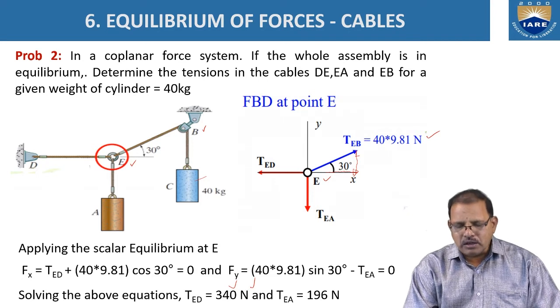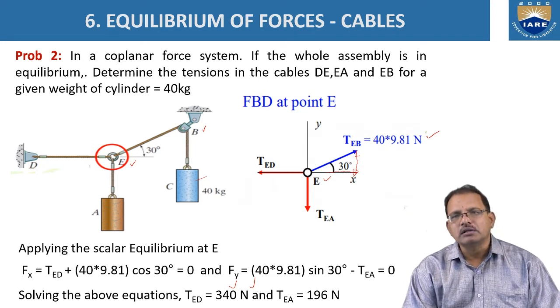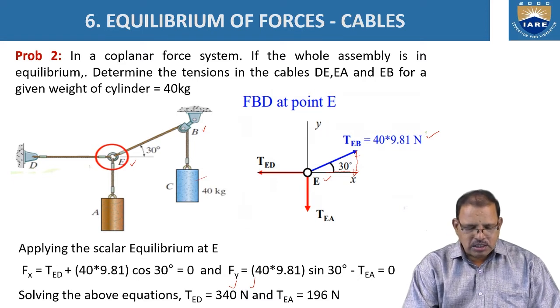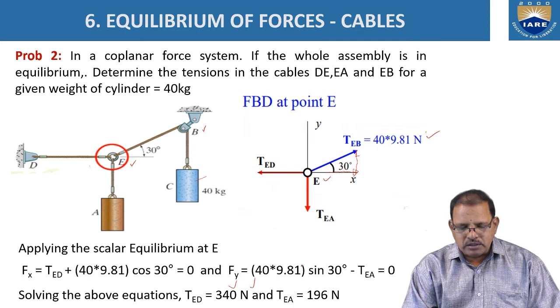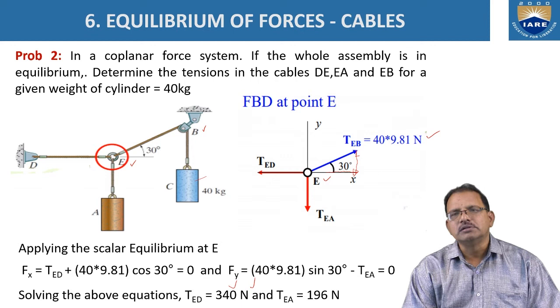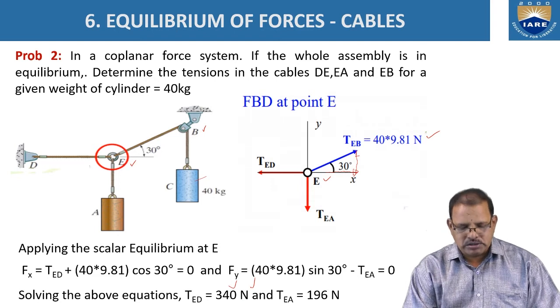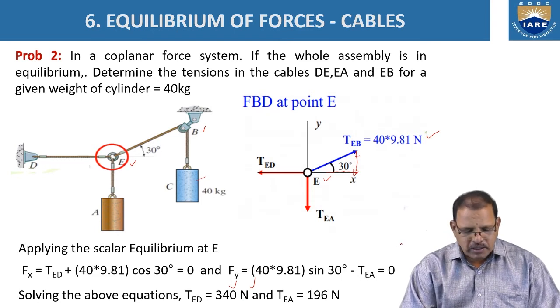Similarly, sigma Fy, the sum of the components acting along the y direction, is equal to T_EB sin 30, that is 40 into 9.81 sin 30, acting upward and positive, minus T_EA, the force acting along the rope AE in the downward direction, which is negative, and it should be equal to 0.